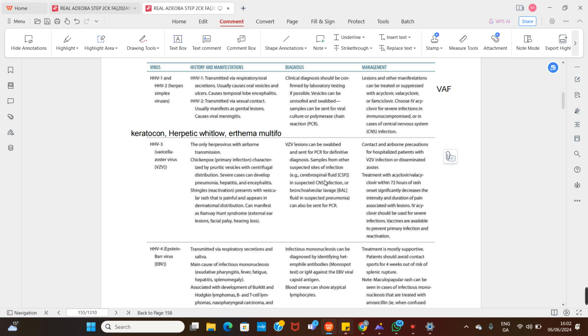Clinical. So for people that are hospitalized or people with disseminated zoster infection, you want to ensure you are isolating them so that they don't transmit that to other people. And you want to ensure proper airborne precautions. So you want to wear your mask.